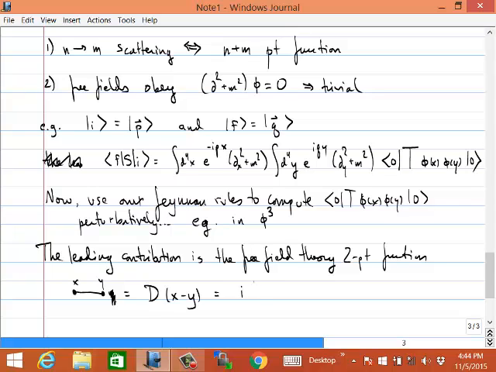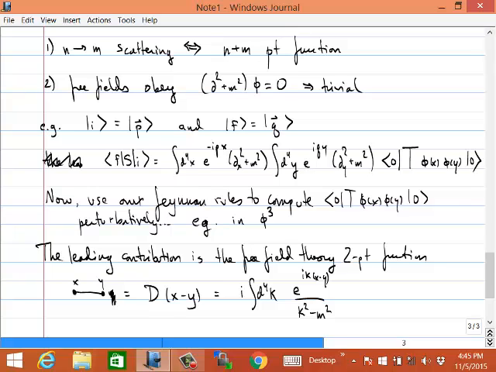That was i times the integral d4k. I'm going to use the momentum space representation of this for reasons that will hopefully become clear shortly. So it's the integral d4k of e to the i k (x minus y) divided by k squared minus m squared.